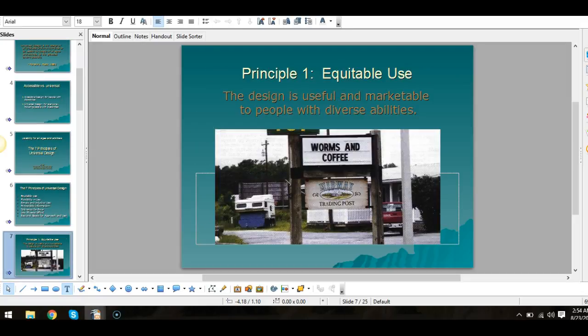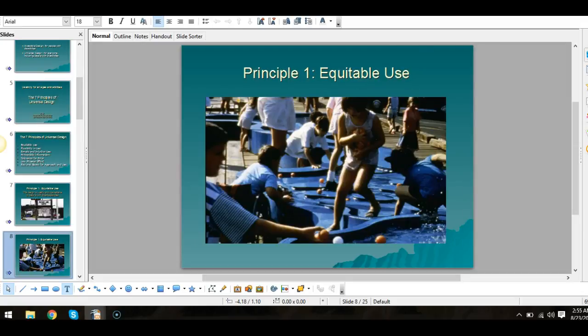Principle 1, equitable use. The design is useful and marketable to people with diverse abilities. There is a picture illustrating that. There is a large sign in front of a coffee shop, and it says worms and coffee on it.